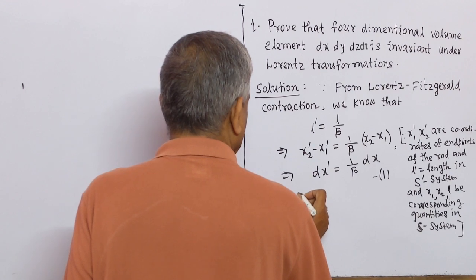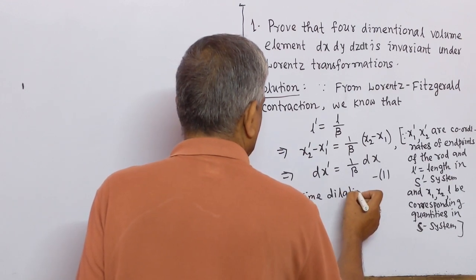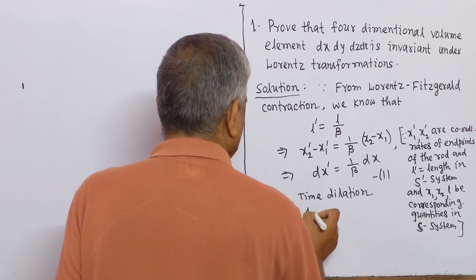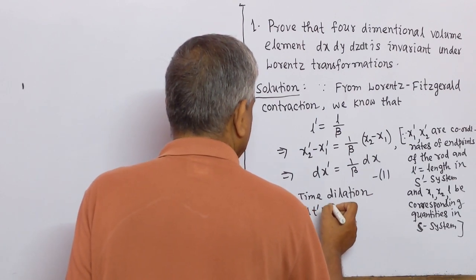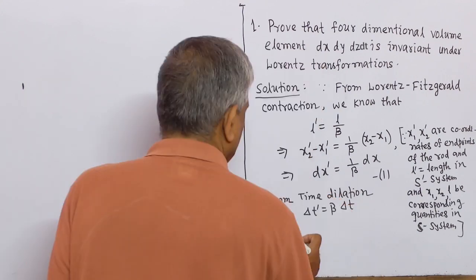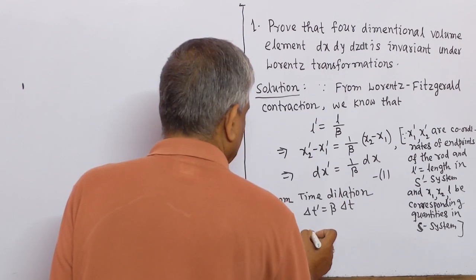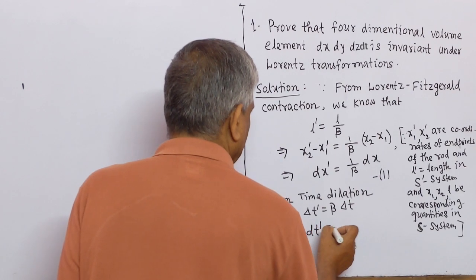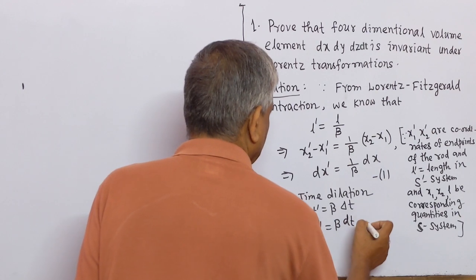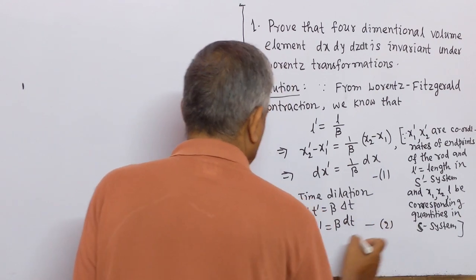From time dilation, delta t prime equals beta delta t, which implies that dt prime equals beta dt. This is number 2.